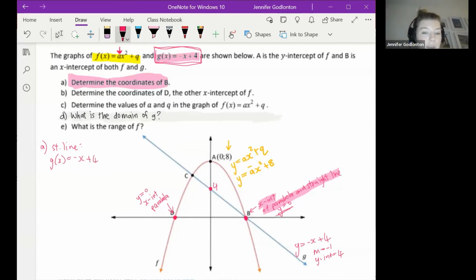Now remember, we can change that g of x to be y because they mean the same thing. It's just giving it its name. So we can say y is equal to negative x plus 4. That is our straight line's equation. Now, if I'm looking for the x-intercept of that line, I want to make y equal to 0. So I'm going to make y equal to 0.